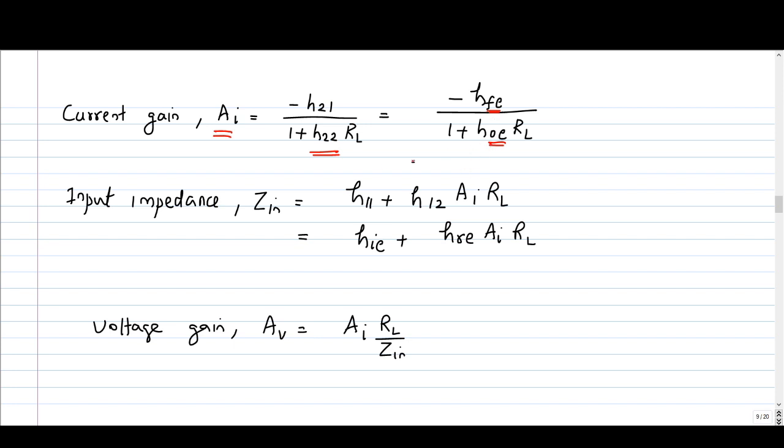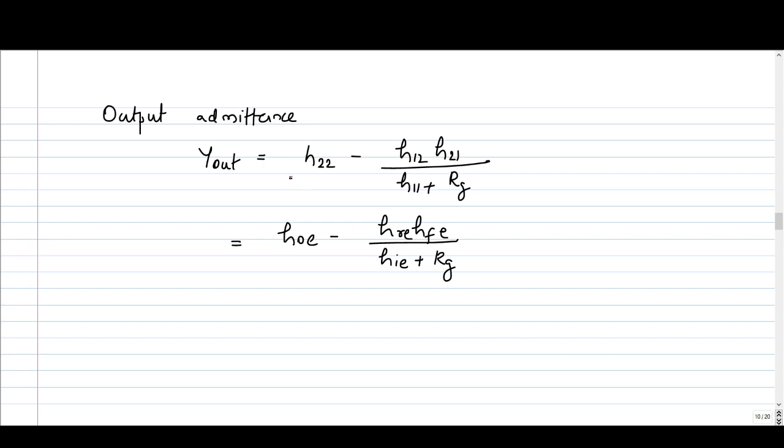These are the same notations. Then input impedance, we derived this expression in the previous class: H11 plus H12 into AI into RL. So replace H11 by HIE and H12 by HRE of the transistor. Similarly, voltage gain is current gain into RL by Zin. This also we derived. Then output admittance also you can write as an expression in terms of H parameters.